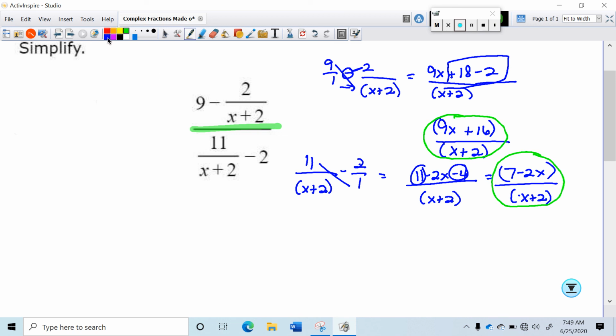So let me go ahead and write that out. Okay, numerator. 9x plus 16 over x plus 2, and then my denominator is 7 minus 2x over x plus 2.